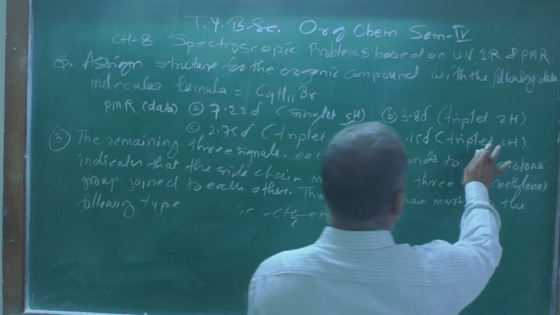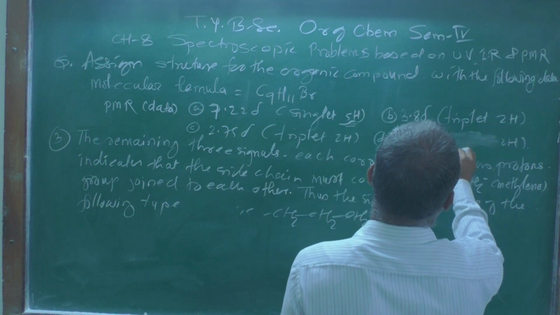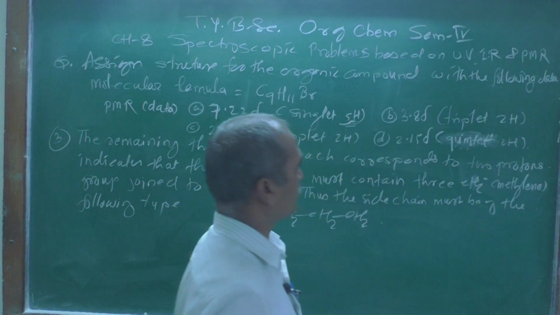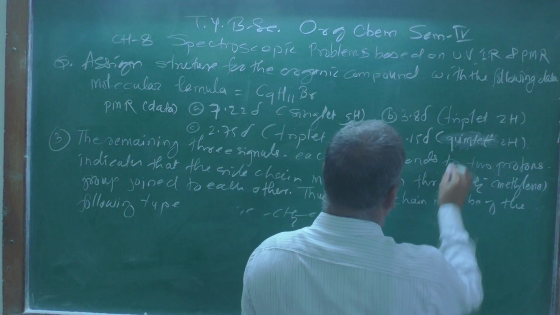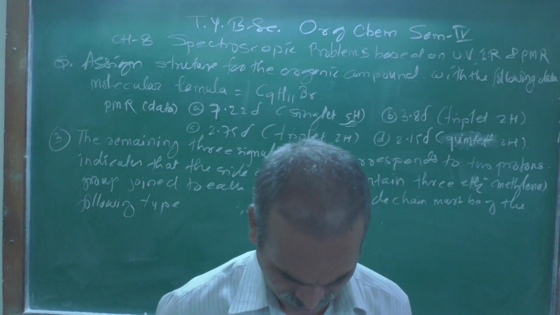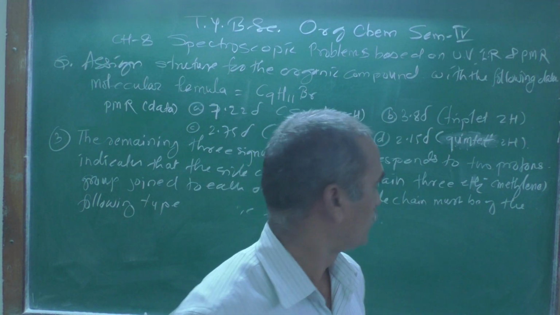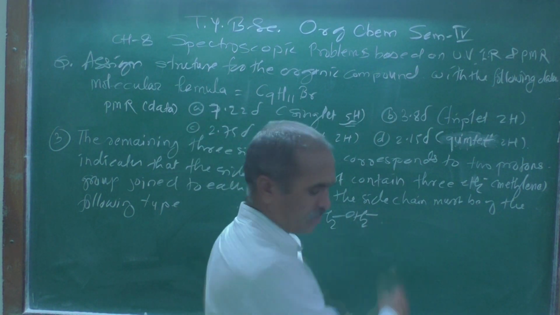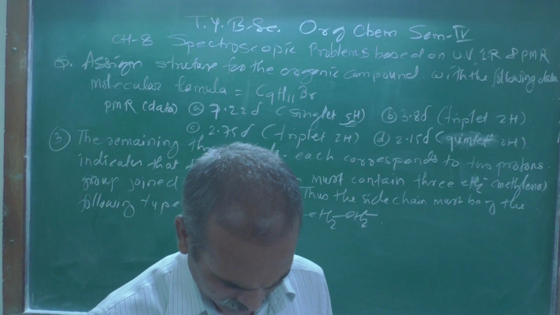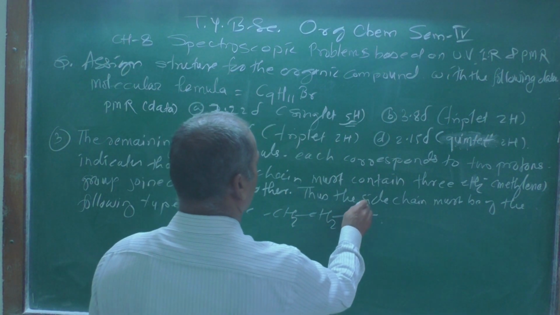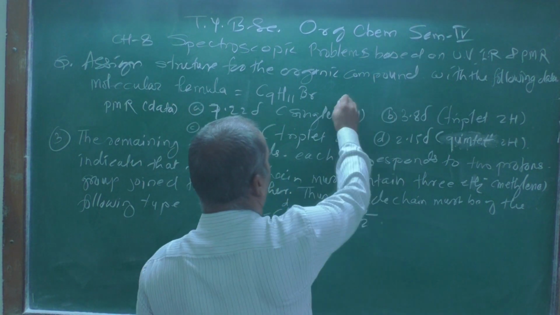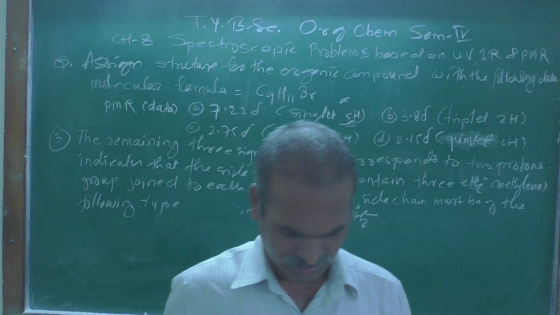Here is a quintet, not the triplet, it is a quintet. Make the correction here: 2.15 delta quintet 2H. And we are getting this side chain that may be B, C and D. In the previous case, that is A, we can call, right?